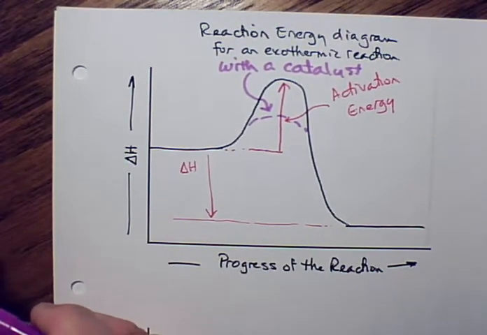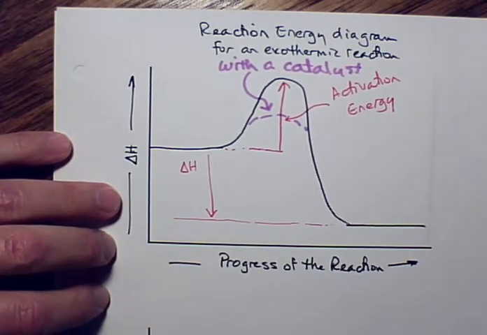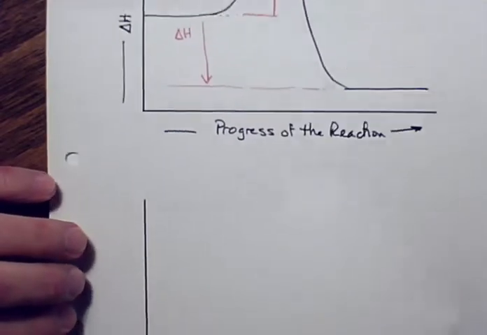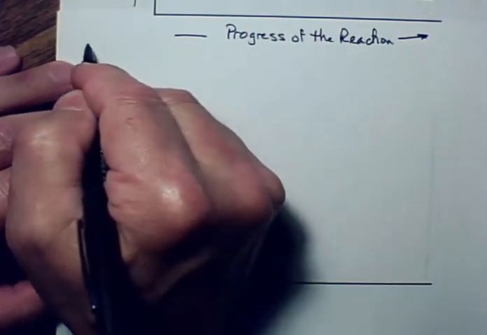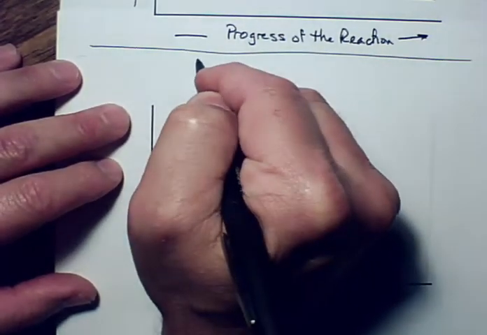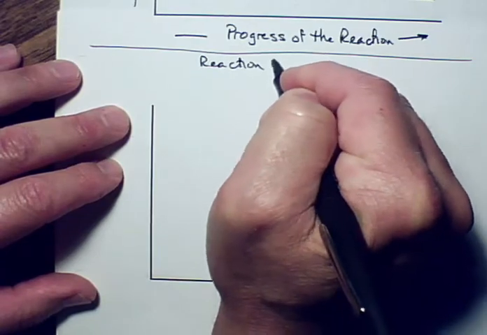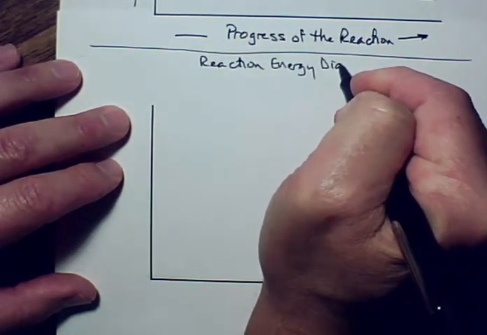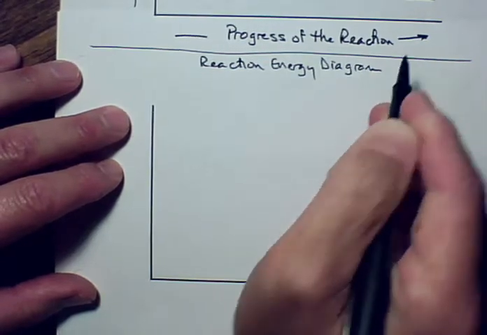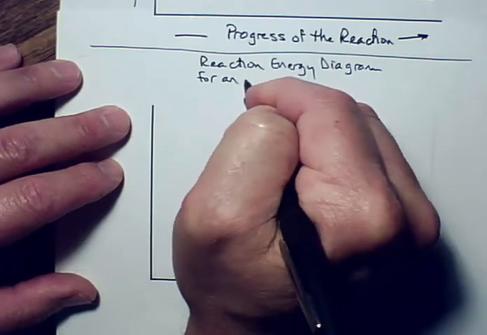Okay? All right, so let's look at the same thing then in the case of an endothermic reaction, okay? So down here we're going to have a reaction energy diagram for an endothermic reaction.